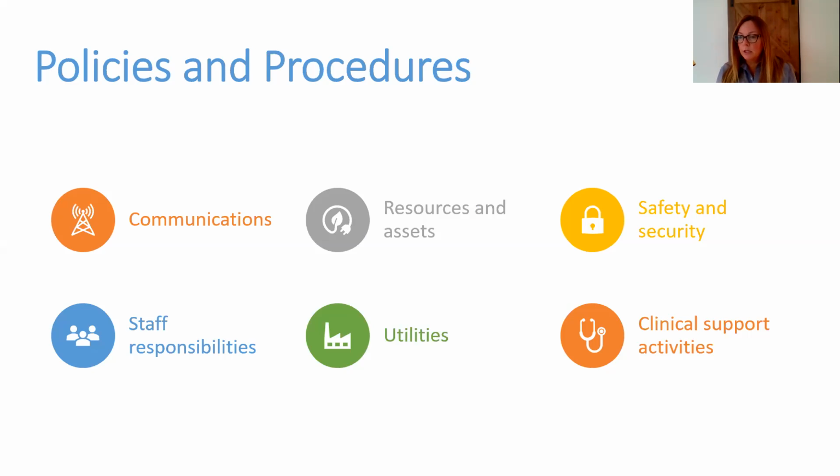First, a little bit about communication, really focusing on what your communication strategy is. How are you communicating with your staff? How are you communicating with your residents? How are you communicating with your families? What we've seen during the pandemic is that there's a requirement.